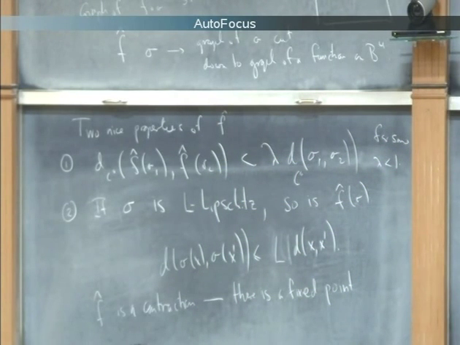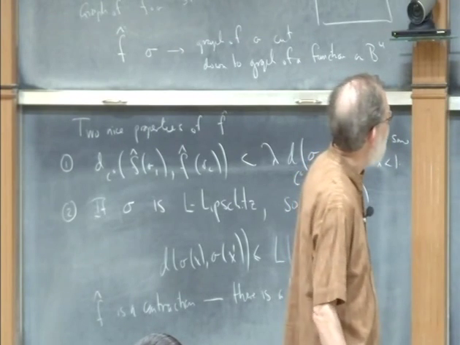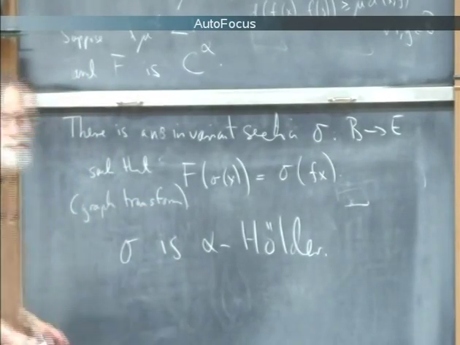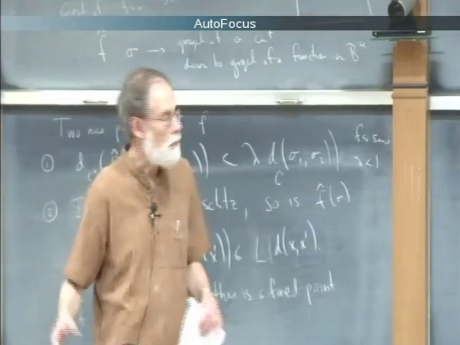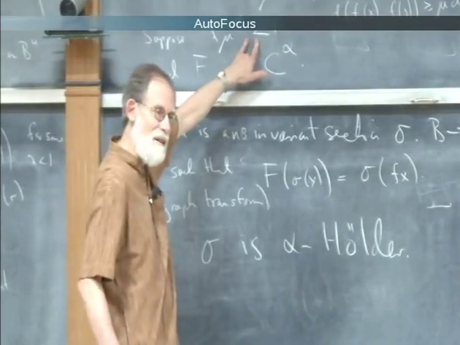Sometimes the alpha that you get from this theorem is the best alpha you can expect to get, with some caveats. One is that you want a strict inequality here.